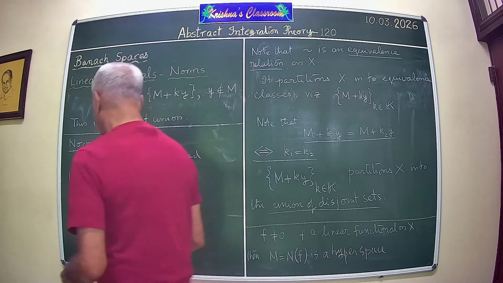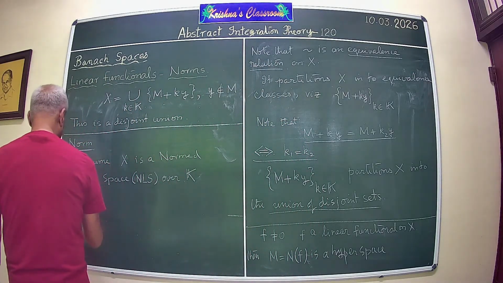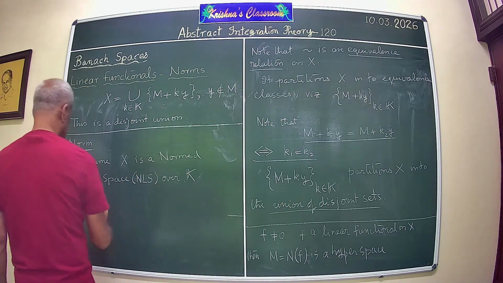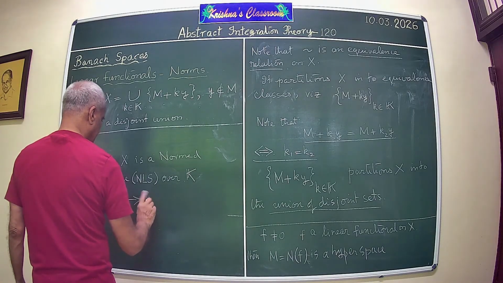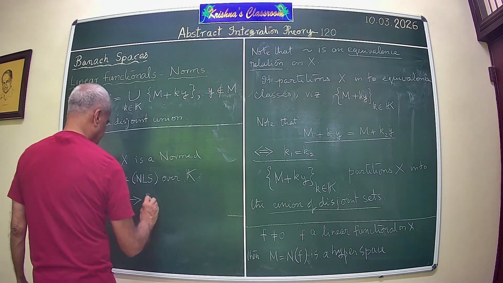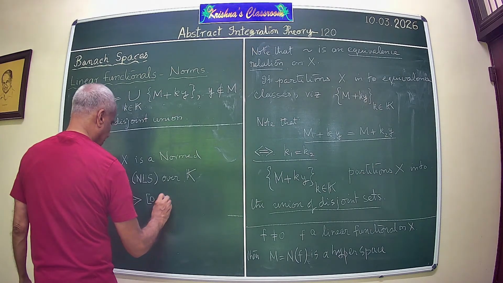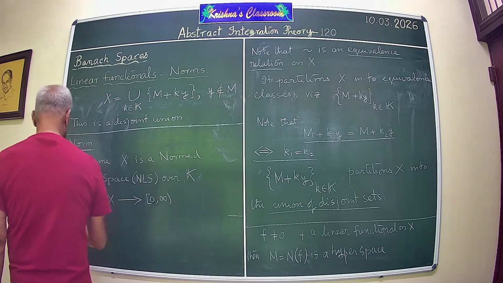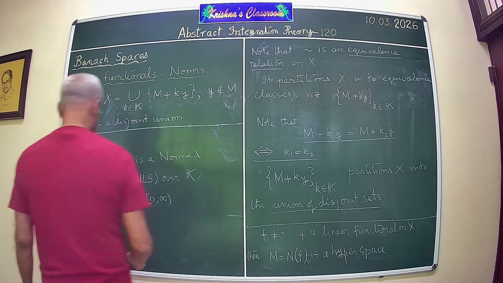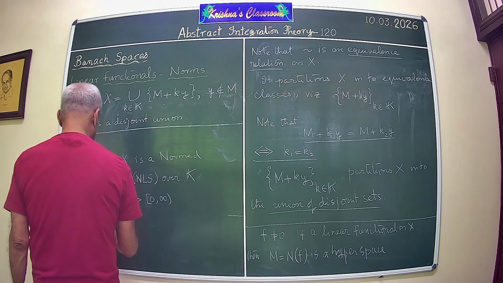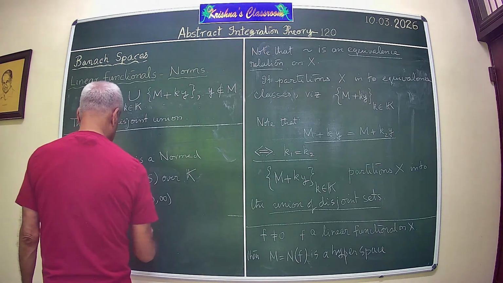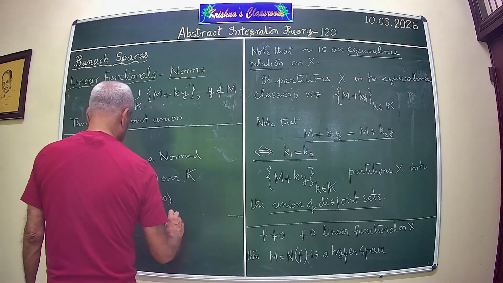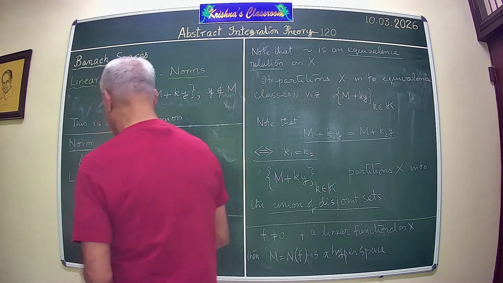That means there exists a map, designated by this, from X to the reals, with norm of x equal to 0 only if x equals 0.